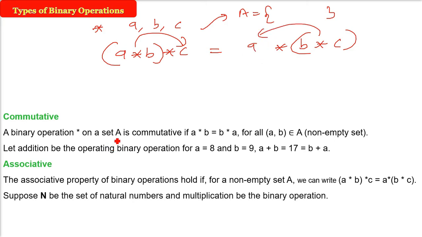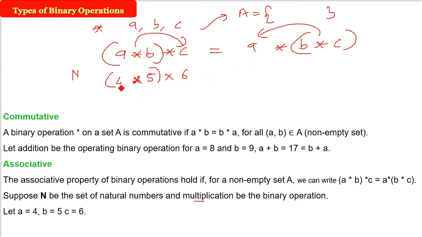Now again we are taking the natural number set and we'll try to take an example, and multiplication will be the binary operation here. So take any a, b, c values from natural numbers. I am taking a as 4, b as 5 and c as 6. So what are we going to do? First we will operate 4 and 5, then the result will be operated with 6.